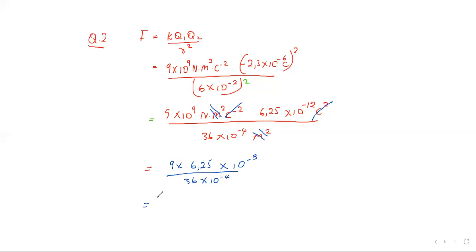So basically, this is 9 times 6.25 divided by 36.